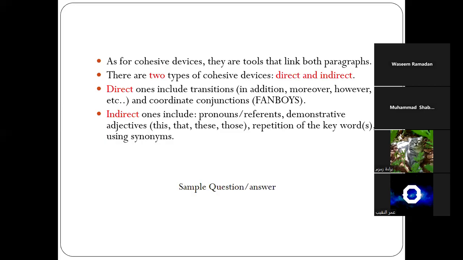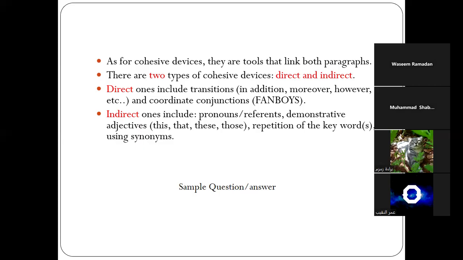Teacher, regarding the indirect, I didn't understand much. Okay. We have 4 tools, 2 direct and 2 indirect, right? In the direct, we have 2 tools, either a transition or a coordinate conjunction, right? Okay. In the indirect, guys, we have 4 ways. The first 2 ways are tools. It either starts with a pronoun or a demonstrative adjective, this, that, these, those.